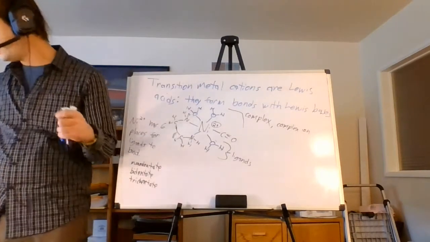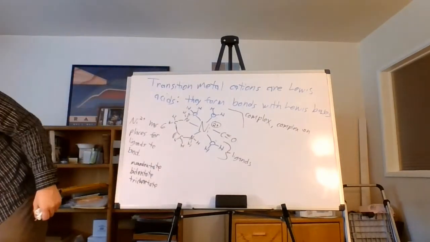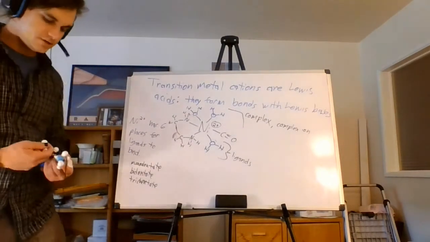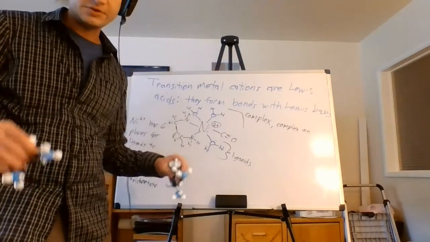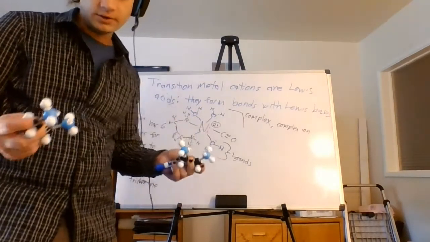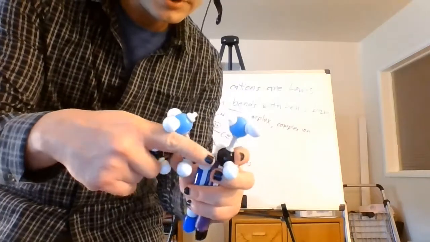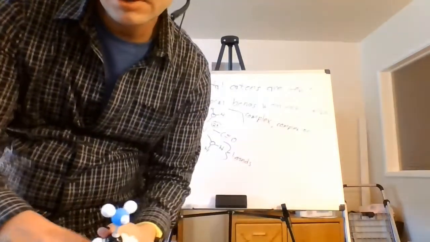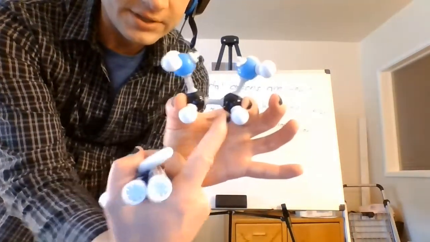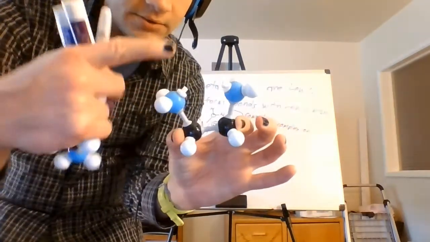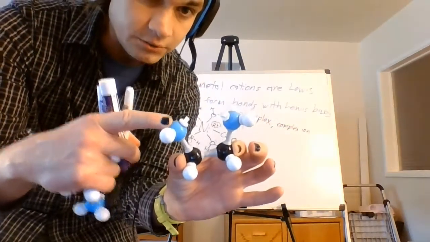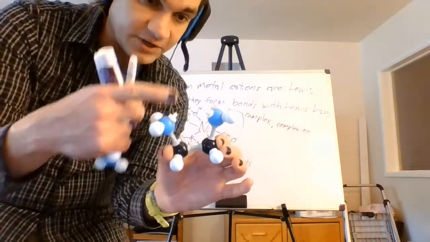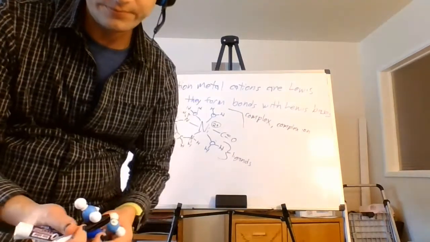There are lots of examples of bidentate and tridentate ligands, but what we're going to be using for the purpose of our class is ethylene diamine. So this part down here, this is the ethylene, and then these two are NH2 groups. And we've got two of them, so they're diamines.